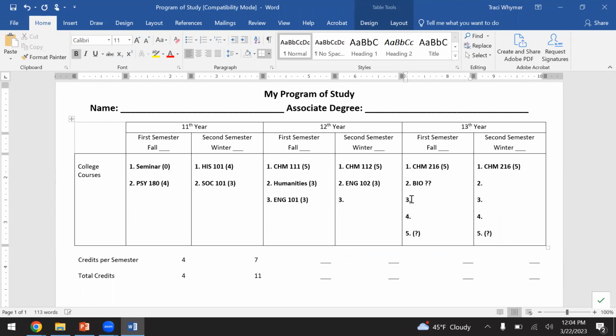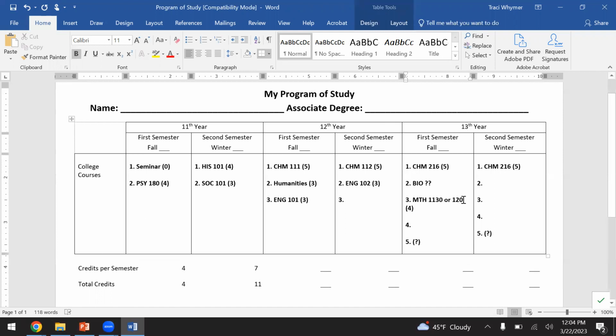You can say, I'm going to finish my math stuff at the high school in 11th and 12th grade year. And then in my 13th year, I'm going to hopefully take math 120 or 113 or 120. And again, I'm still referring to these as the old numbers. So this would actually be 1130 or 1120.